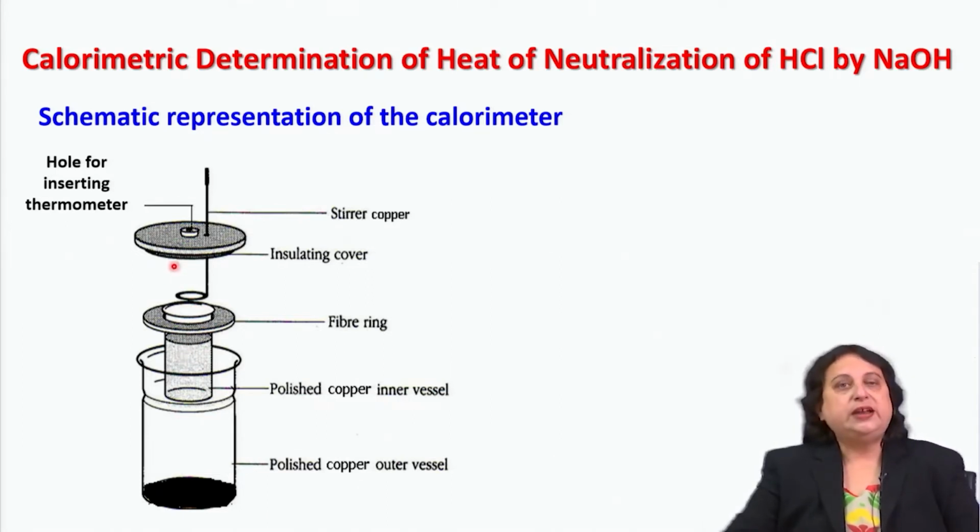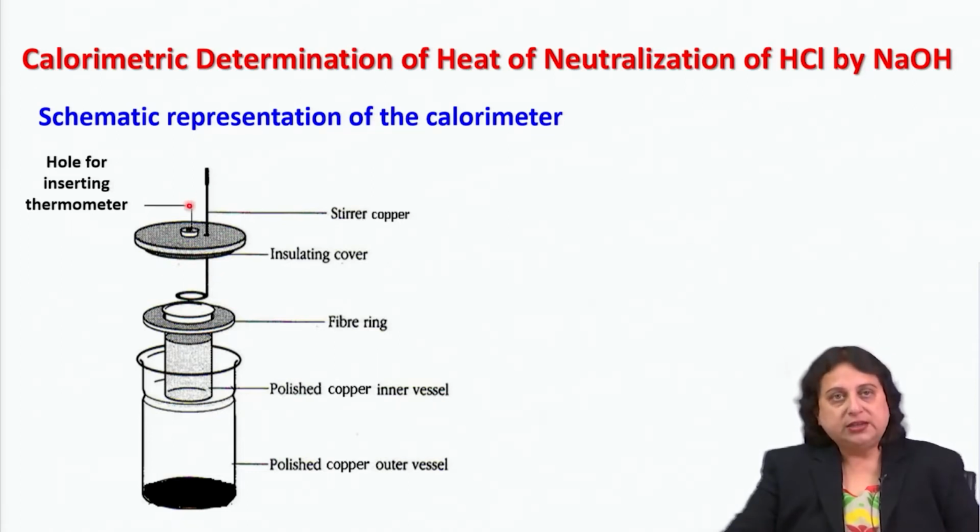And then an insulating cover is attached, and there is insulation all around the outer layer of the entire calorimeter. Now, in this entire setup, through a small hole, there is a copper stirrer attached.